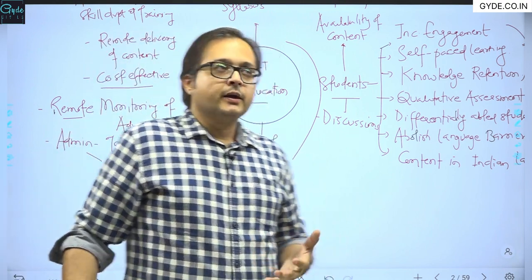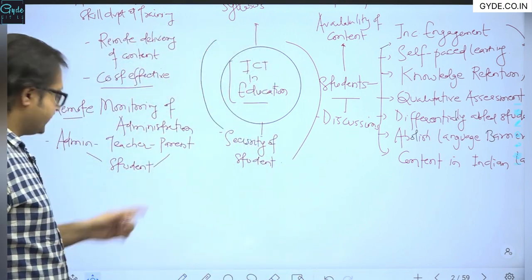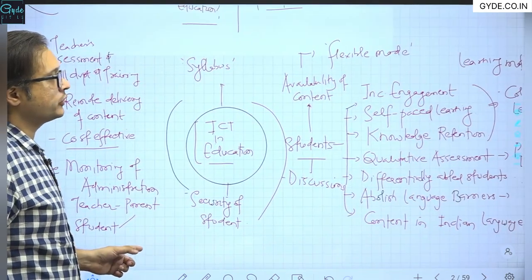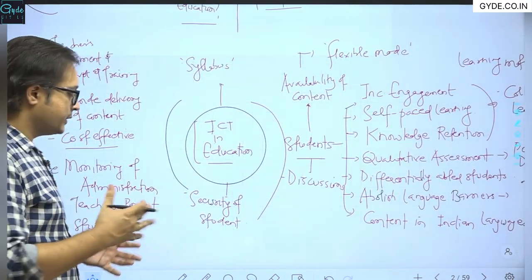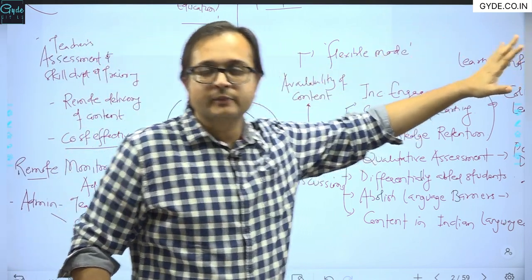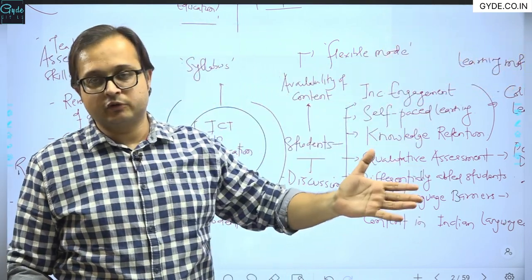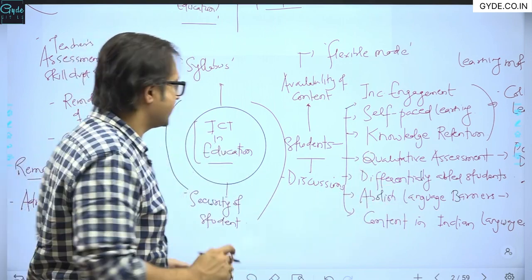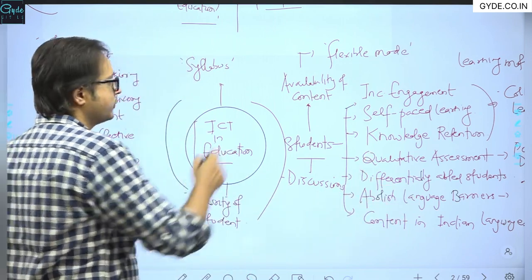Then ICT will help to create a constant collaboration between different institutes, right? Though we have seen that as collaborative learning, with collaborative functions for the students which can be given, right?